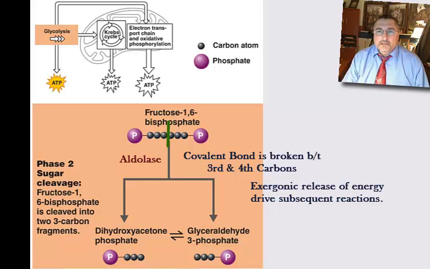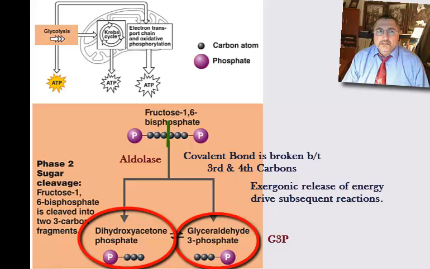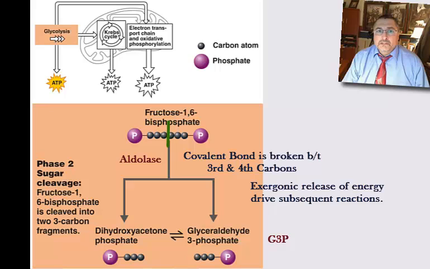The end products of this cleavage are glyceraldehyde 3-phosphate, which we know as G3P, and dihydroxyacetone phosphate. Now that dihydroxyacetone phosphate is going to be quickly converted to G3P using, yet again, an isomerase.